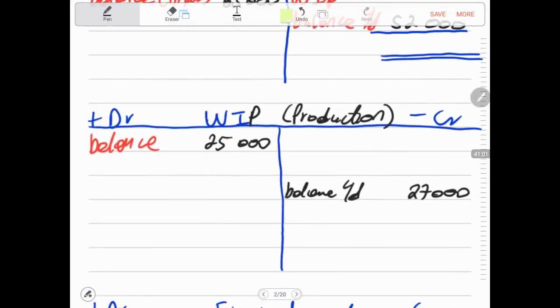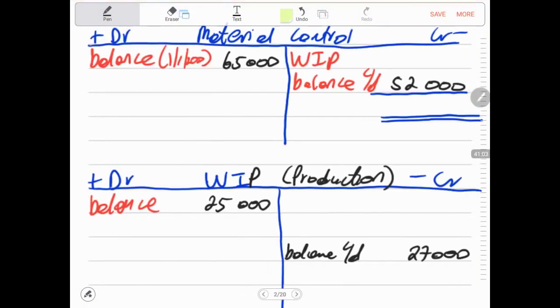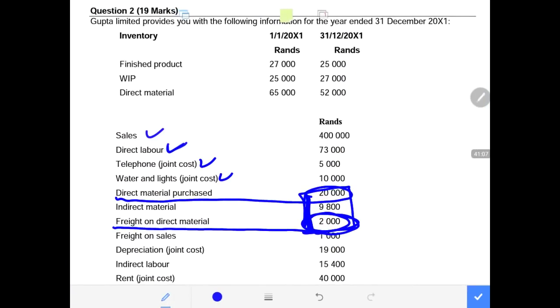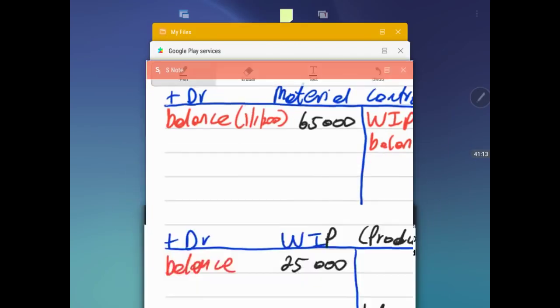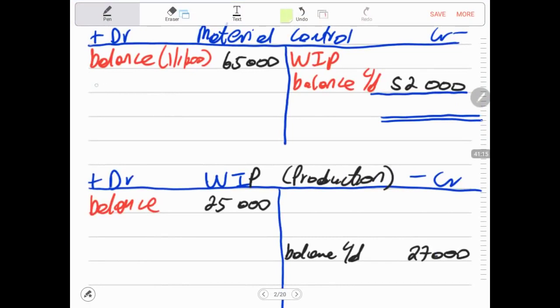We bought material, but we don't know whether it was cash or credit. They say direct material purchased, cash or credit, we are not aware. But let us record that as it is. So now let us say just bank slash creditors, and this is 20,000 rands.